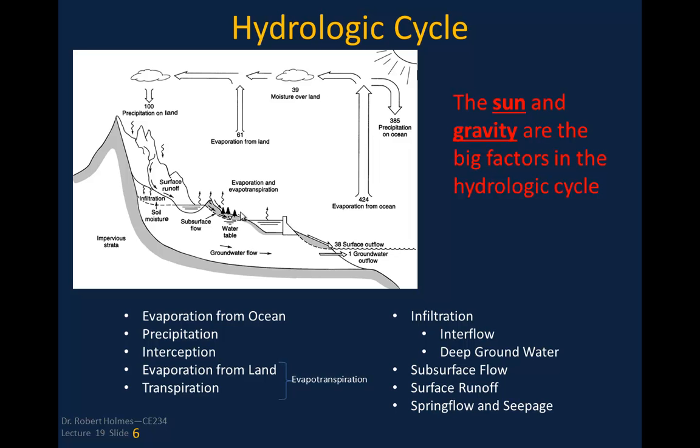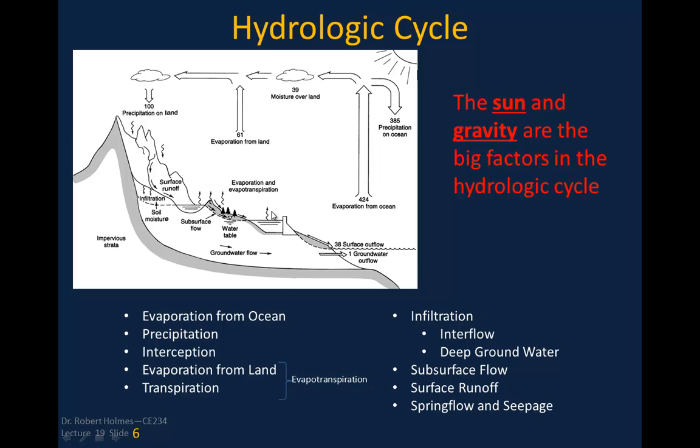As we model this or understand the process, we have to take that into account. And then we have transpiration, which is basically the uptake of moisture by plants, which transpire that moisture back up into the atmosphere. Typically, in hydrology, we combine both the evaporation and the transpiration into one thing, and we call it evapotranspiration.